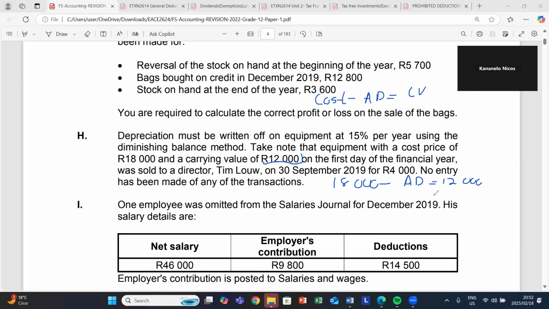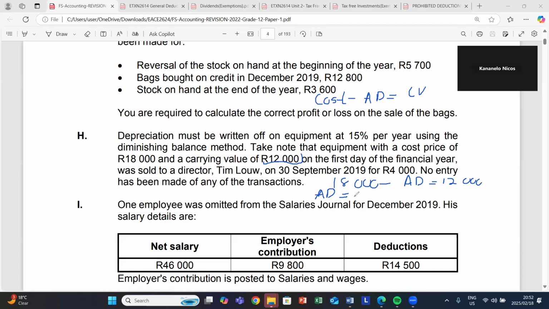So how are we going to get our accumulated depreciation? Is there anyone who has a clue on what will be our value for accumulated depreciation, or how we will get it?